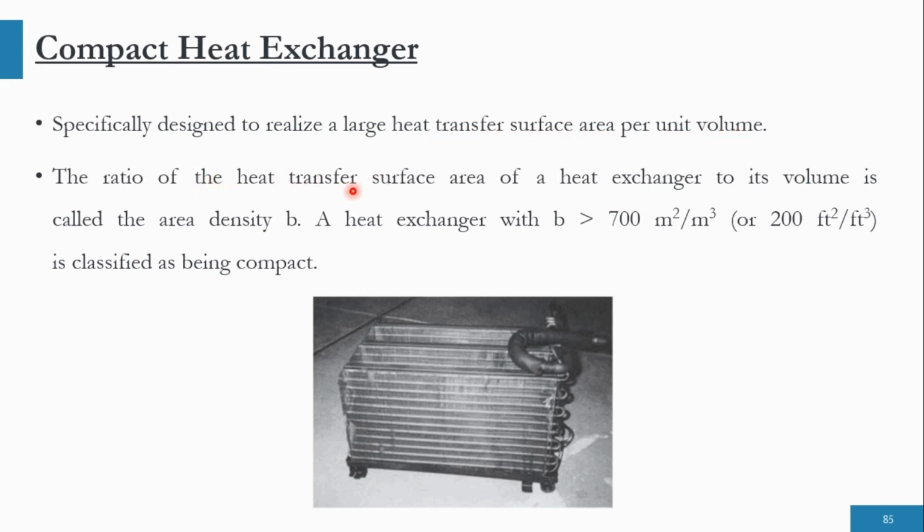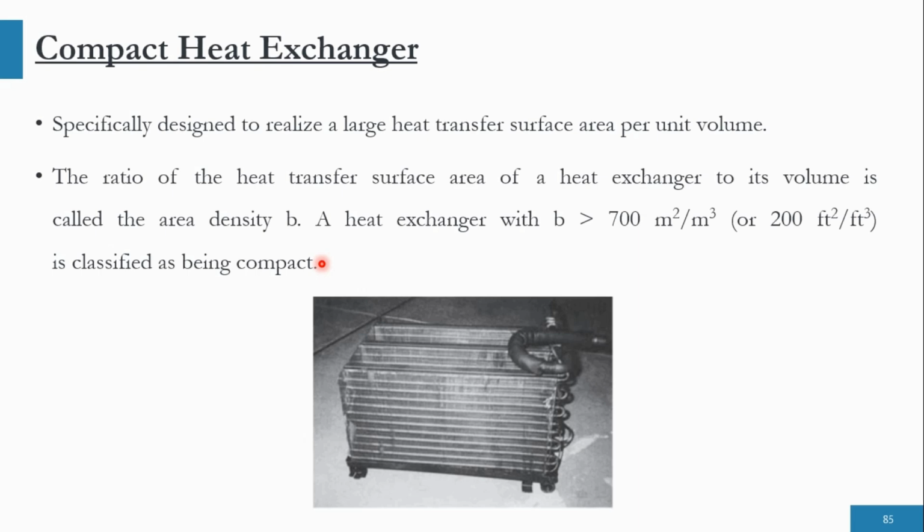The ratio of the area to the volume is called area density, which is represented by beta. If a heat exchanger has a value of beta greater than 700 square meter per cubic meter or 200 square feet per cubic feet, then that heat exchanger is called compact. So this is the main classification to describe a heat exchanger as compact.